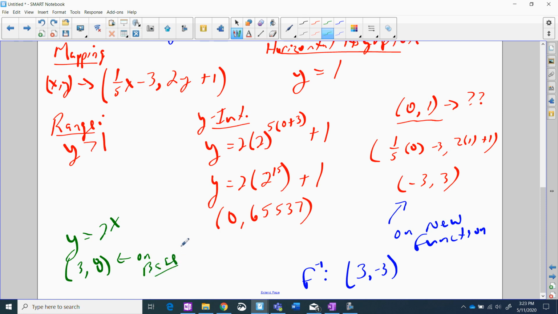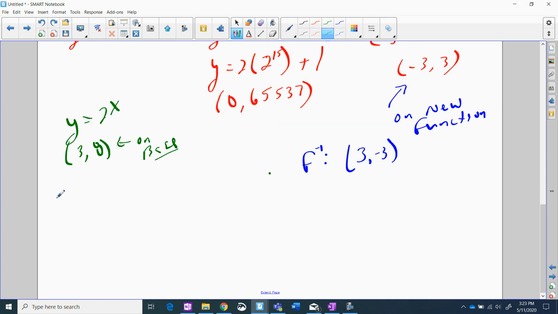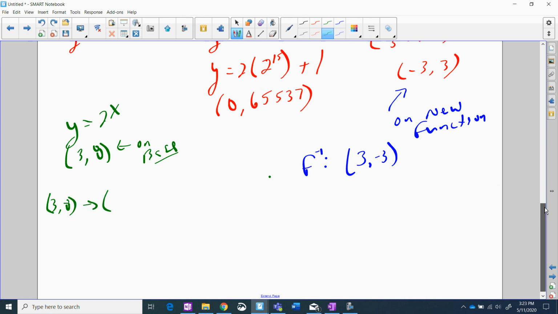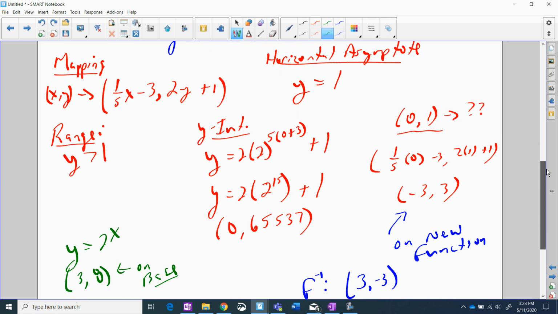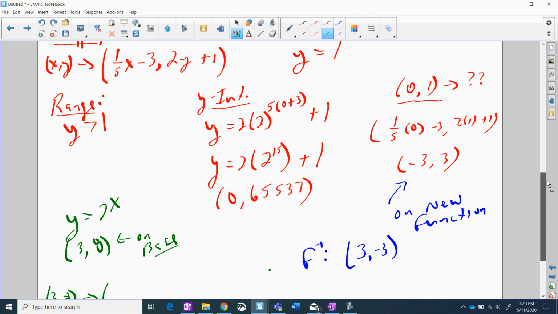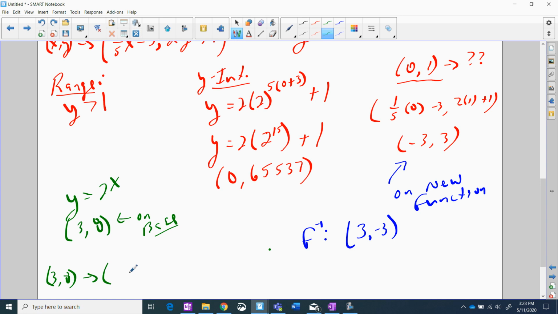So if I wanted to figure out where that point is, I could run 3 comma 8 through my mapping. Let me go back up here so I can look at this. So 3 comma 8 will be 1/5 of 3, so that's 3/5 minus 3.